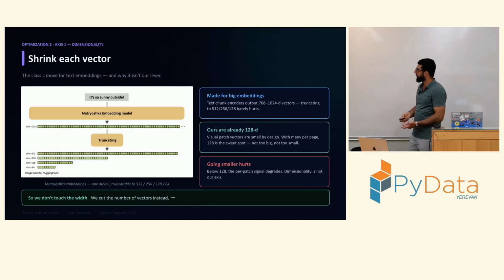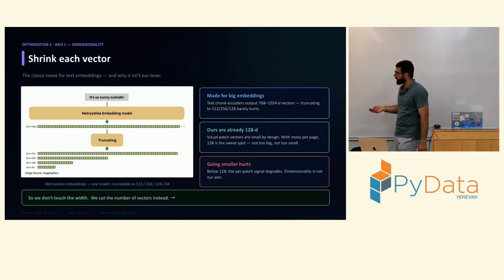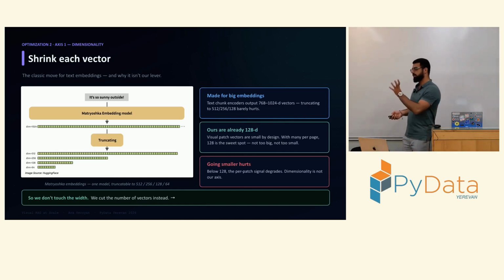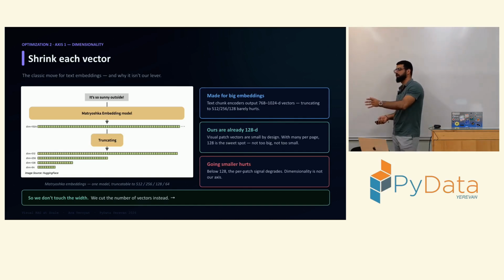Motivated by Matryoshka, people started to train the embeddings in a way that most of the important information is within the first part of the embedding, which means if you divide your overall embedding in half, for example, you will still have a very good representation of your semantics.